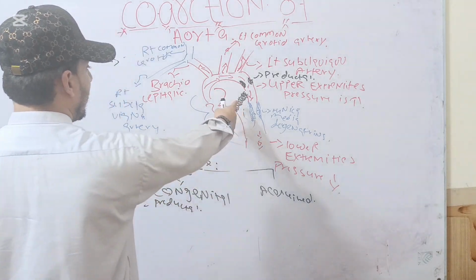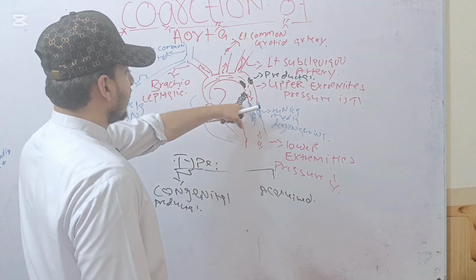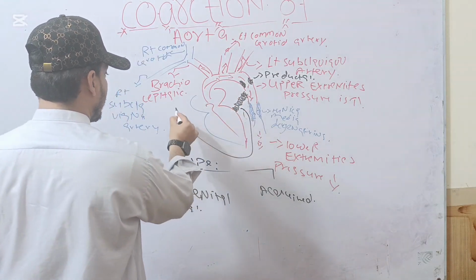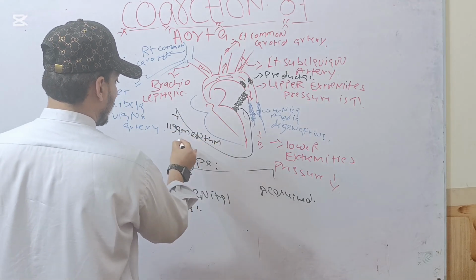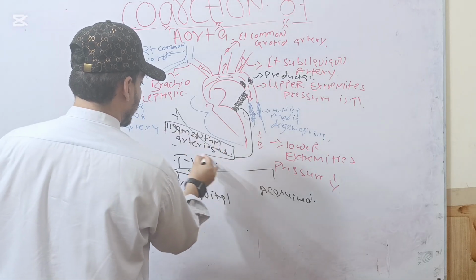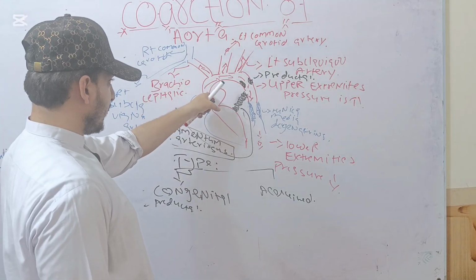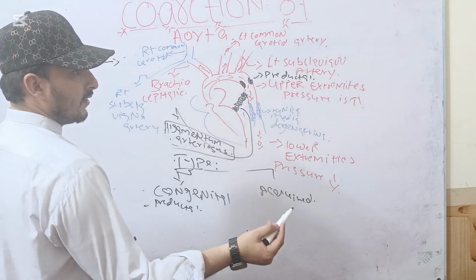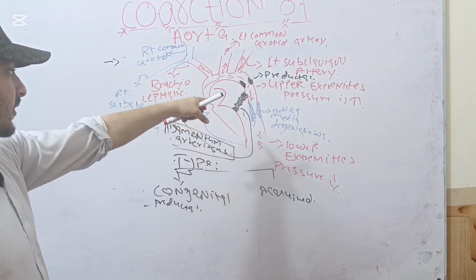The closed ductus arteriosus is called the ligamentum arteriosus. If the ductus does not close in the presence of preductal coarctation, the baby can develop cardiogenic shock, cyanosis and early death. So this is a very severe case.